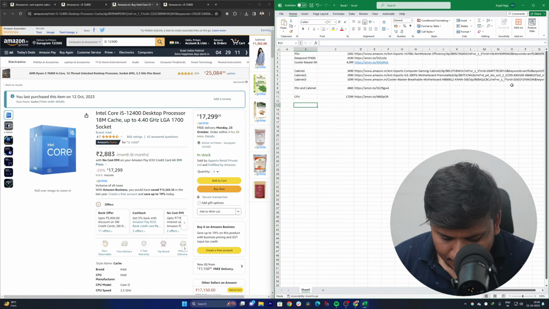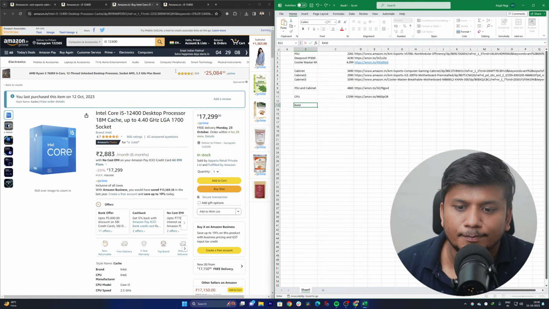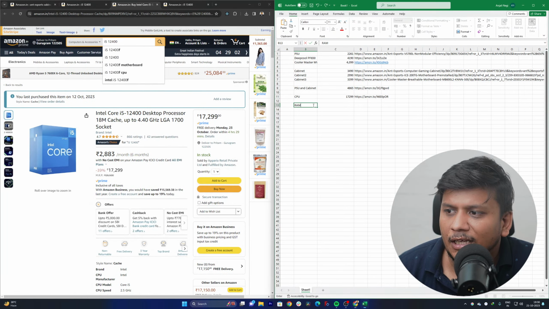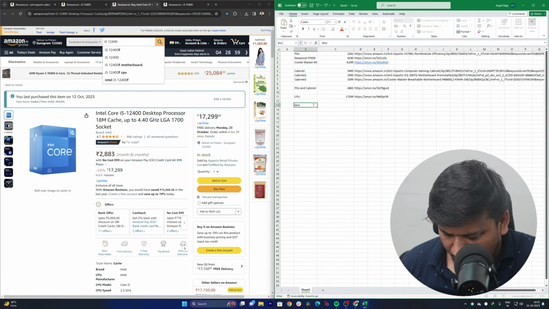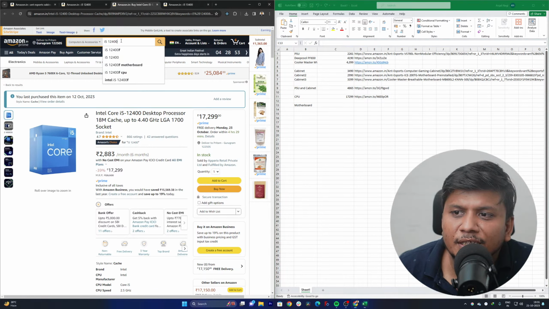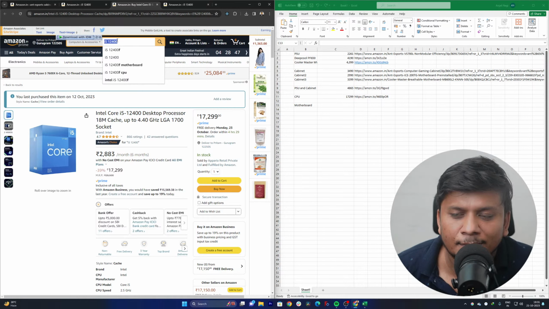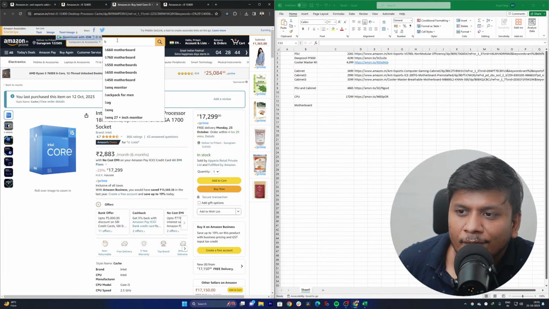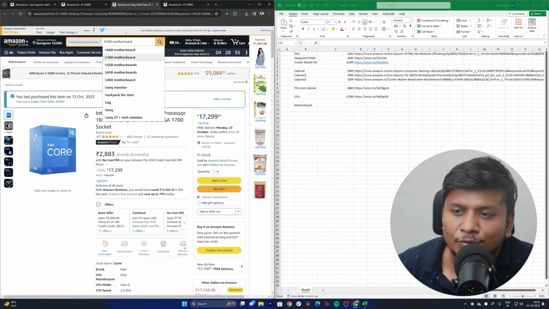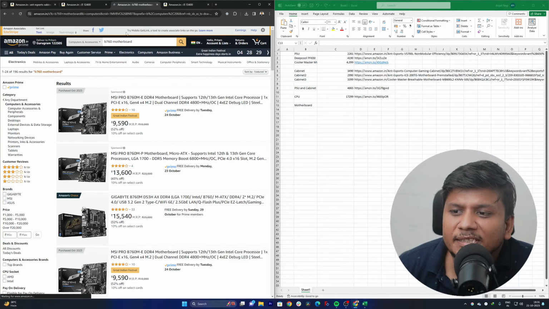What next? Let's jump into RAM. Okay. So if we talk about RAM, I would say before RAM, let's go with the motherboard. So for the motherboard here, I recommend you go with, since this is a mid-tier system where we have kept productivity in mind, so we are looking for a system where the end user wants to use it for productivity software, I would like to go with the B760M.